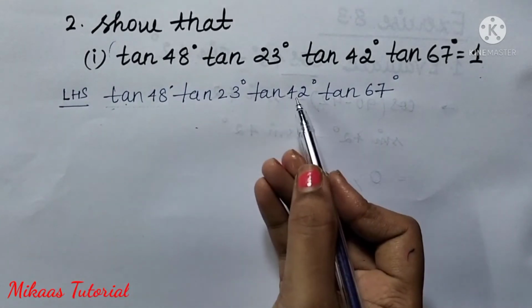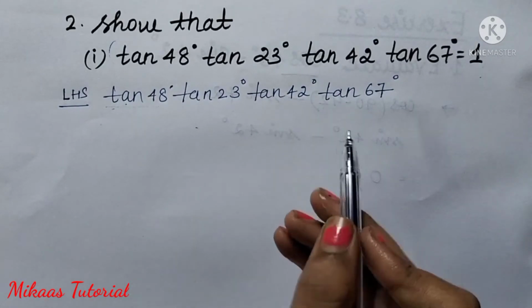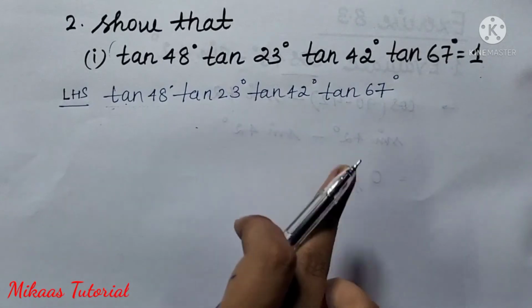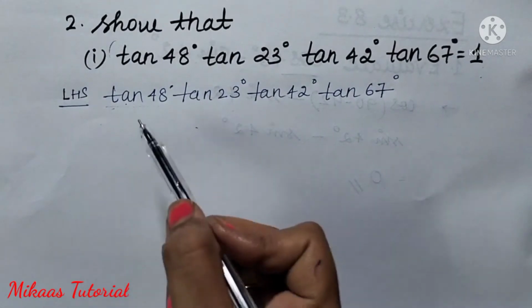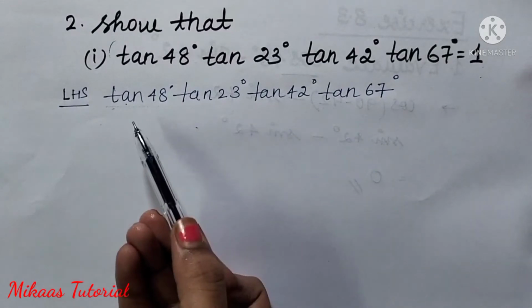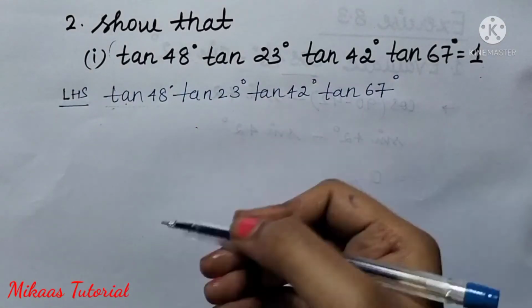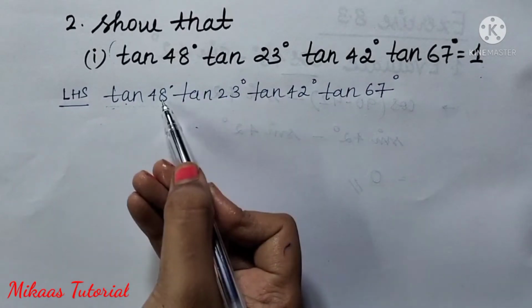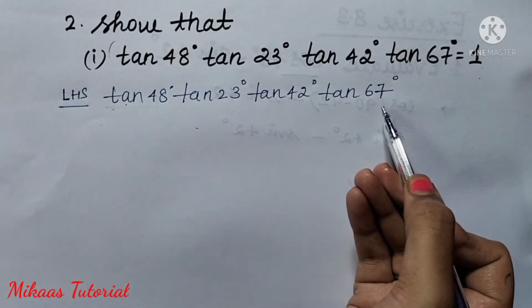Either we subtract or cancel. We have to try all the methods. Either we can subtract it? No, we cannot do it here, all are in multiplication. So either we can cancel, we can divide. No, because this is 42, this is 48, this is 23, this is 67.